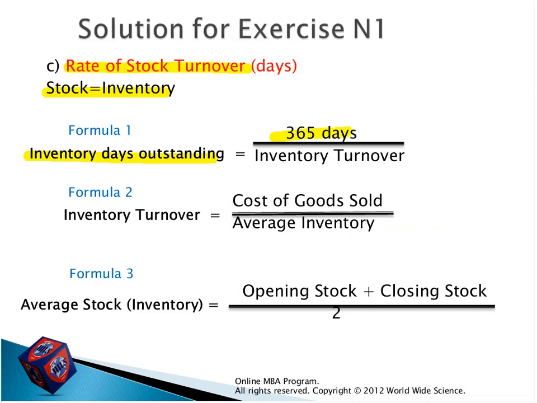We are finding the inventory days outstanding because the assignment requests that we find the turnover in days. We use 365 days divided by the inventory turnover. But the inventory turnover we have to find first, based on the next formula, number 2, which you also have in your previous slides.